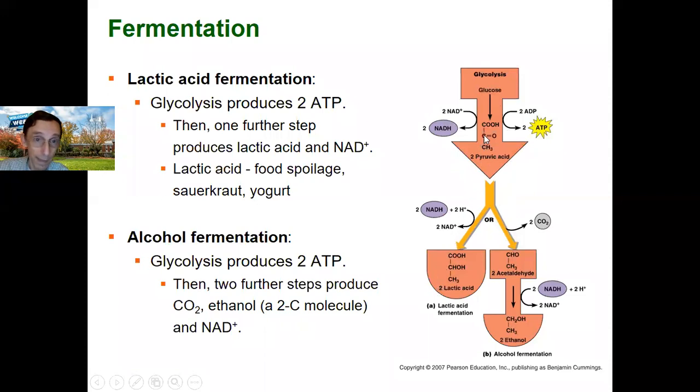This is the lactic acid fermentation, which many bacteria use to make fermented foods, such as yogurt and sauerkraut. And the lactic acid helps prevent the food from spoiling. Cabbage that's been made into sauerkraut doesn't spoil as quickly as other foods.